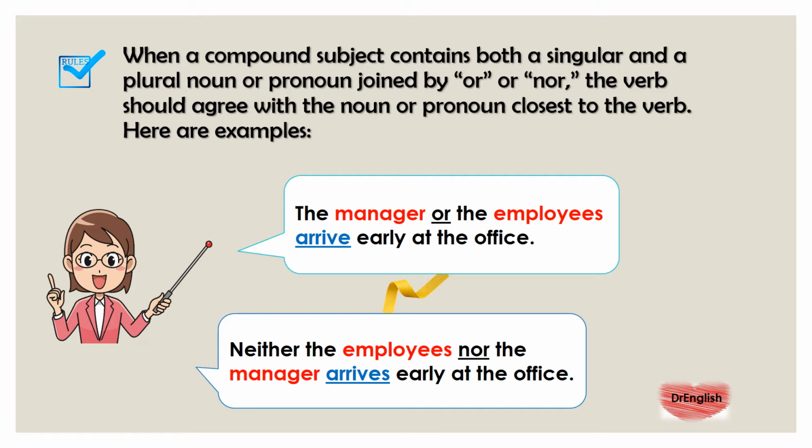Now in this case, we have a singular noun close to the verb. Manager is nearest to the verb arrives, and manager is singular. So we use a singular verb, arrives. Neither the employees nor the manager arrives early at the office.